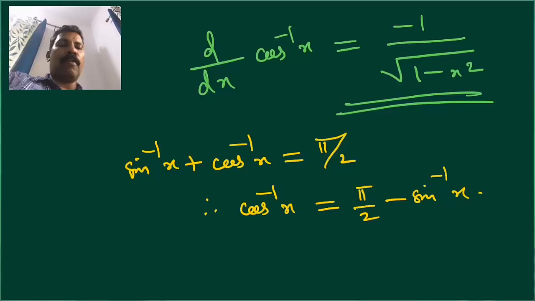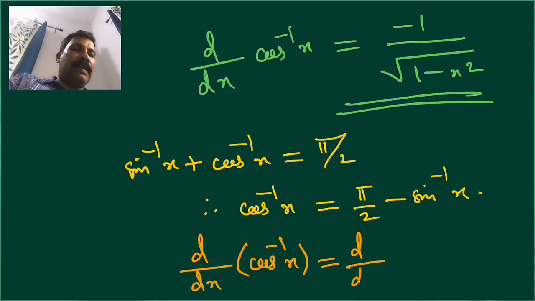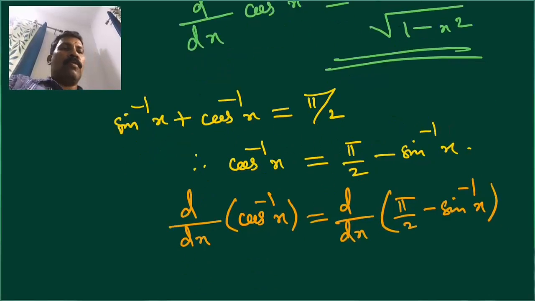Now we can apply the differential operator on both sides, that is d by dx of cos inverse x equal to d by dx of pi by 2 minus sin inverse x.